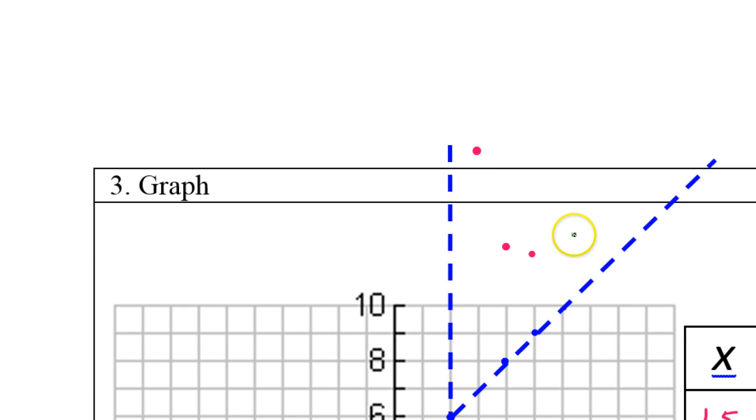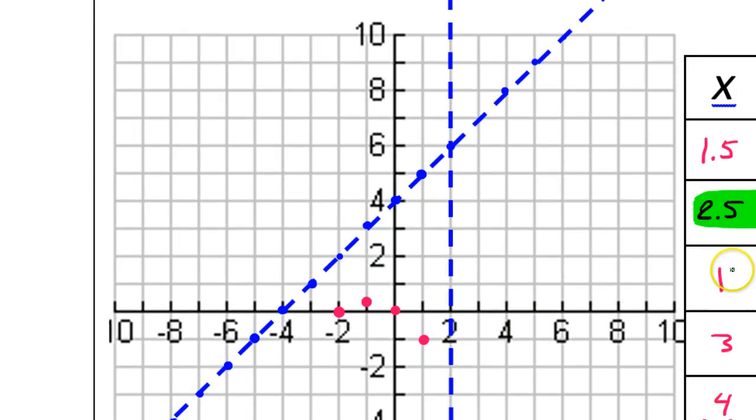Every single one of them is off the grid. But just do the best you can. If I give you values that are off the grid like this, just estimate, just stretch out your asymptotes and do your best. This is one of the reasons why we have a table of values instead of just plotting points by themselves.